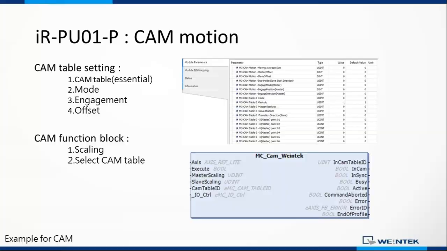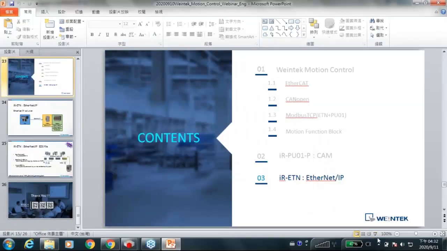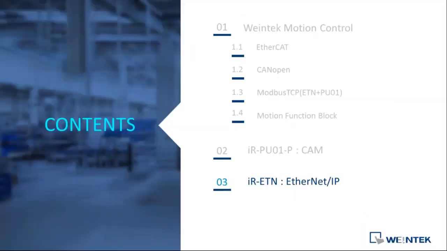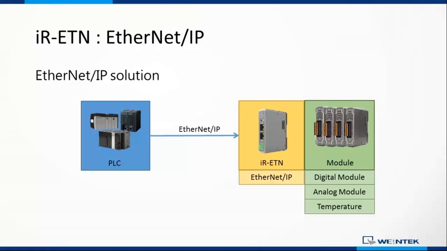Okay, then the last, another new function is the Ethernet IP protocol, and this protocol can work on iR-ETN. With the Ethernet IP protocol, iR-ETN can join an Ethernet IP control system. If you have a controller which supports Ethernet IP, it can control the IR module by the Ethernet IP protocol.